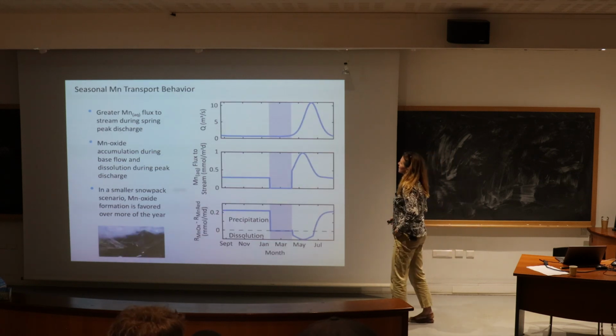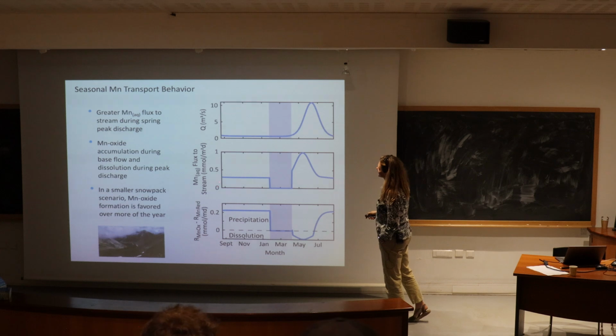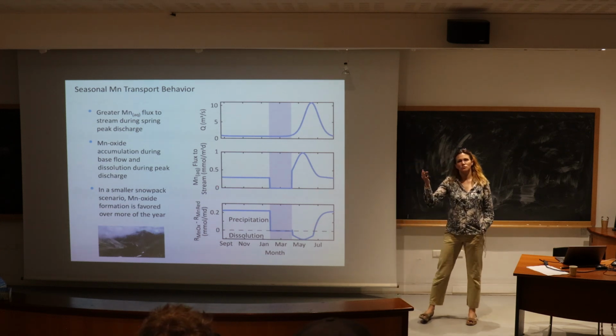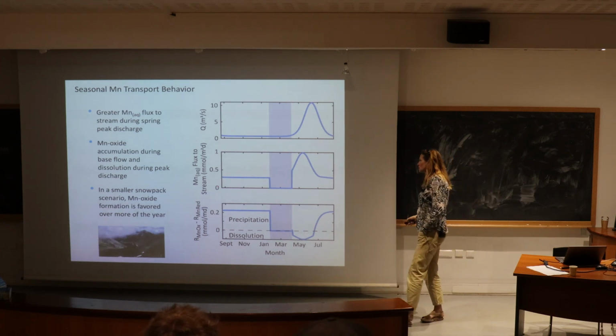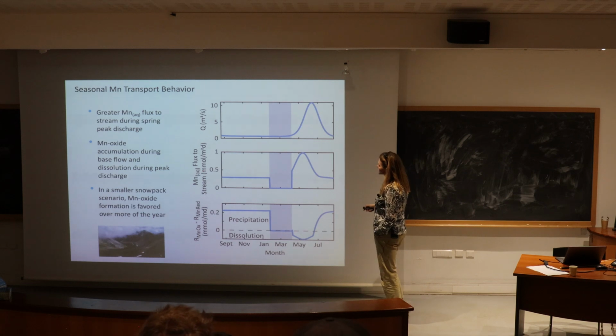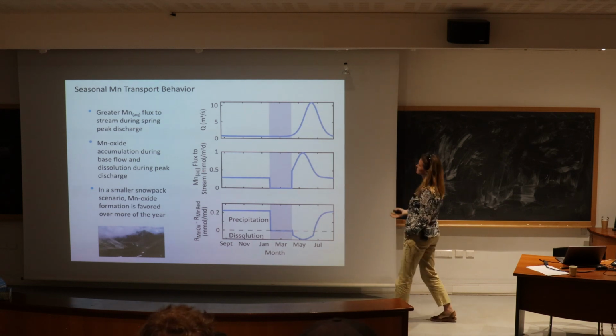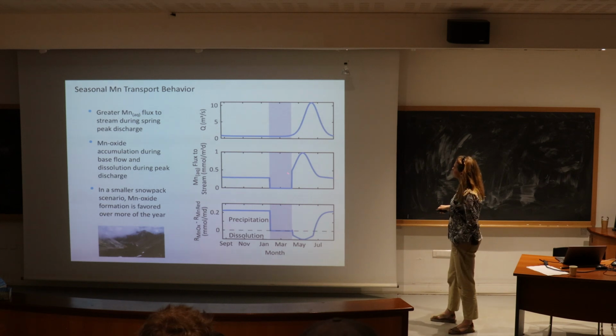And we can use that to say something about the manganese flux between the stream and the sediments. And so this is showing you pretty constant when we're in that base flow regime, but then we get this huge flux of manganese to the stream during the hydrograph peak.